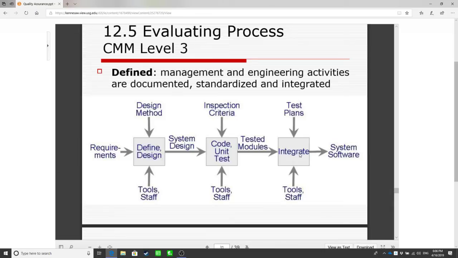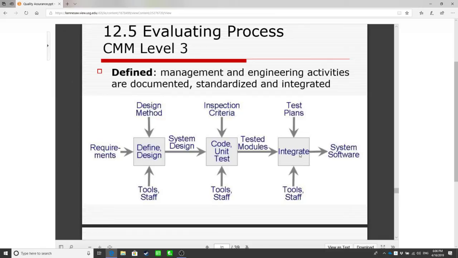So here in level 3, what improved is we still have requirements as input. We still have the system software as the output.